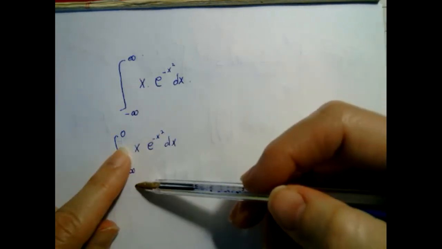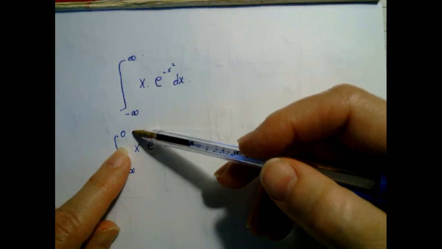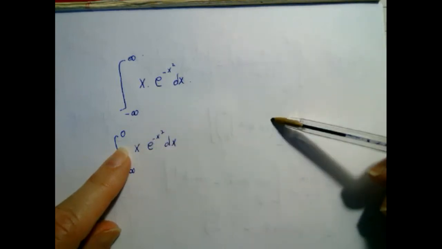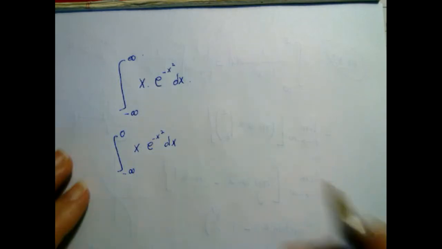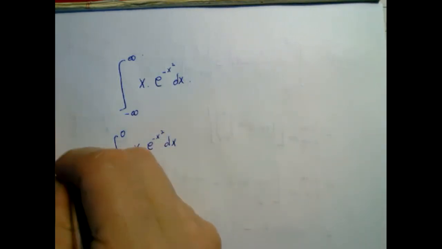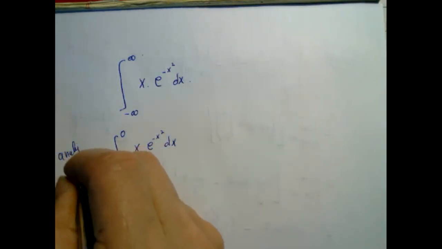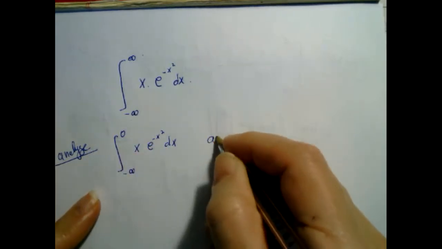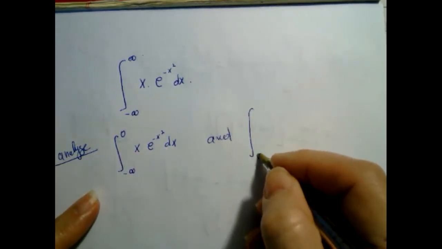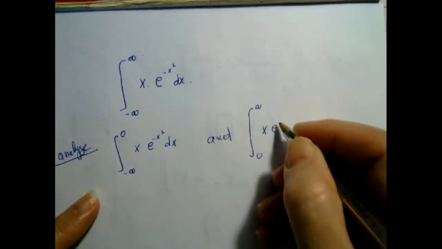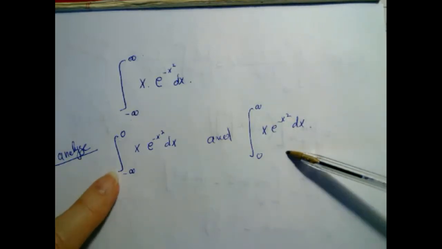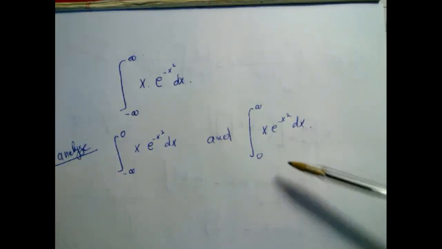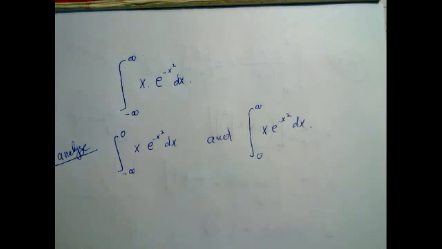You can go from minus infinity to any number, like 1 or 2, and from 1 to plus infinity. I picked 0 because 0 is a very easy number. So we have to analyze this integral, and we have to analyze that integral separately. If both converge, we're fine. If either diverges, it means the whole thing diverges. But you have to compute both of them.